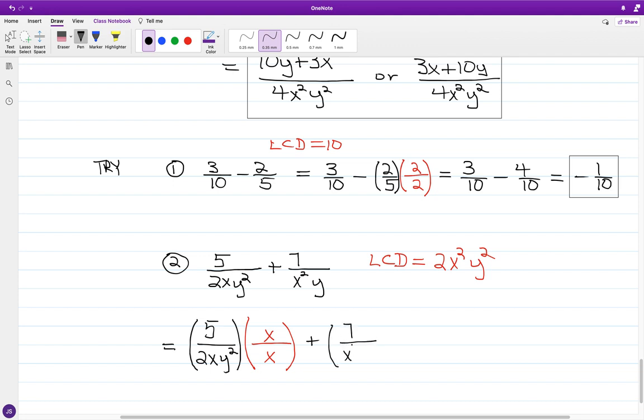As for 7 over x squared y, we have 2, and x squared into itself is 1 time, and we have a factor in y left over, as I take y into y squared.